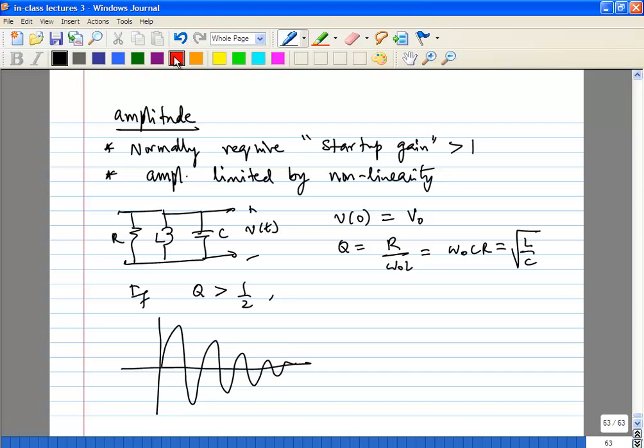So it will go something like this. And this is V naught e power minus t by RC, the envelope of the decaying sinusoid. The time constant is 1 over RC, right?